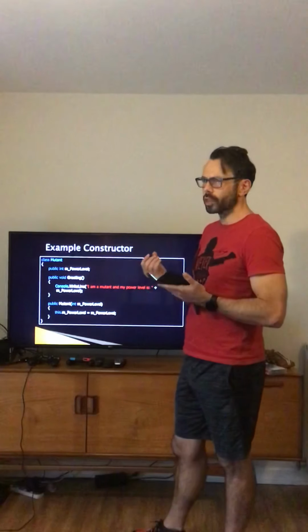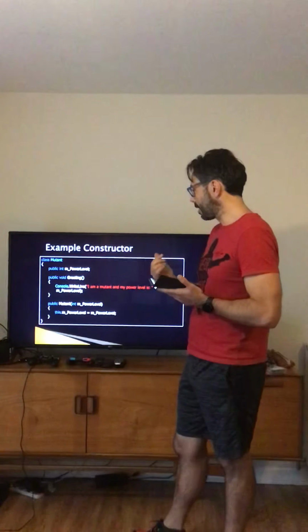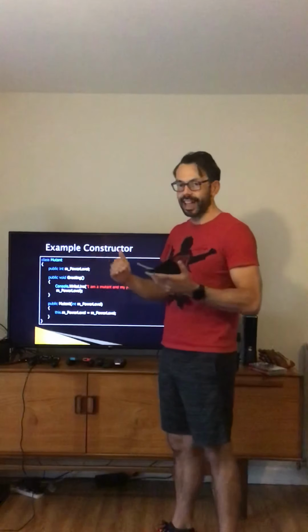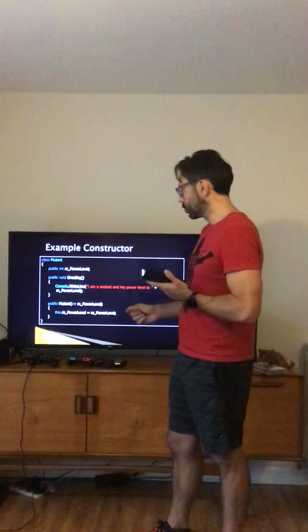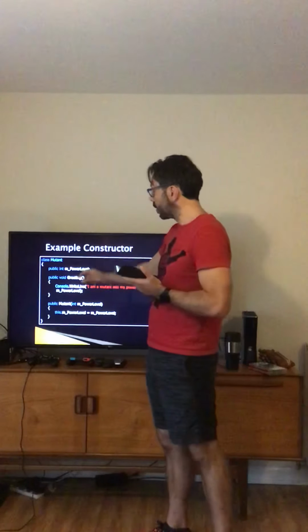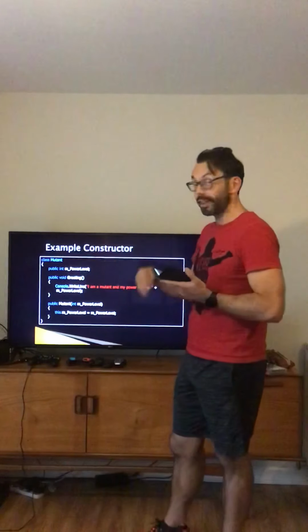It makes you go cross-eyed when you have a power level that has to be set to the power level in the class being put in as a parameter. That's the name of the power level going in as a parameter, but you've also got the power level up here, which is in fact the data member.